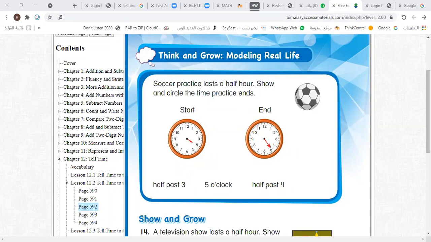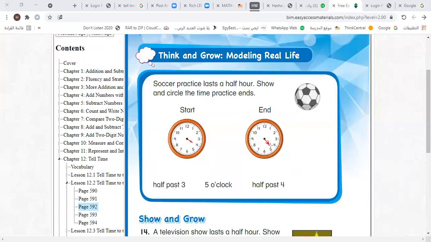And half hour equals 5 o'clock. 5 o'clock and half hour equals half past 5. And half hour equals 6 o'clock. 6 o'clock and half hour equals half past 6. Half past 6 and half hour equals 7 o'clock. 7 o'clock and half hour, half past 7. Half past 7 and half hour, 8 o'clock, and half hour, half past 8. Half past 8 and half hour equals 9 o'clock, and so on.